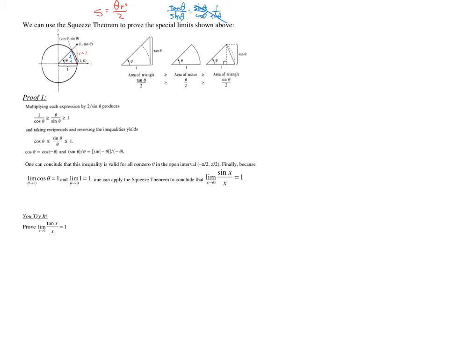We could start with the same triangles, the same areas. Tangent of theta over 2 has to be greater than or equal to theta over 2, which is greater than or equal to sine of theta over 2.